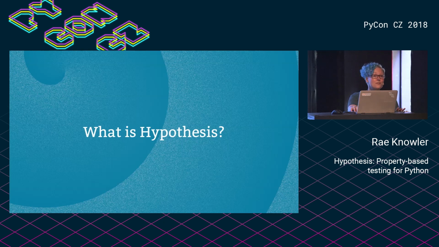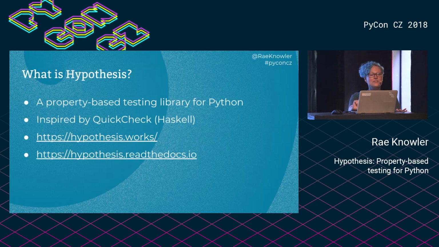So what is Hypothesis? If you have looked at the schedule for this talk, you will already know the answer to this. Hypothesis is a property-based testing library for Python. It's inspired by QuickCheck, which is the iconic property-based testing library, which was first created for the Haskell language in, I think, the 90s, so it's about 20 years old now.